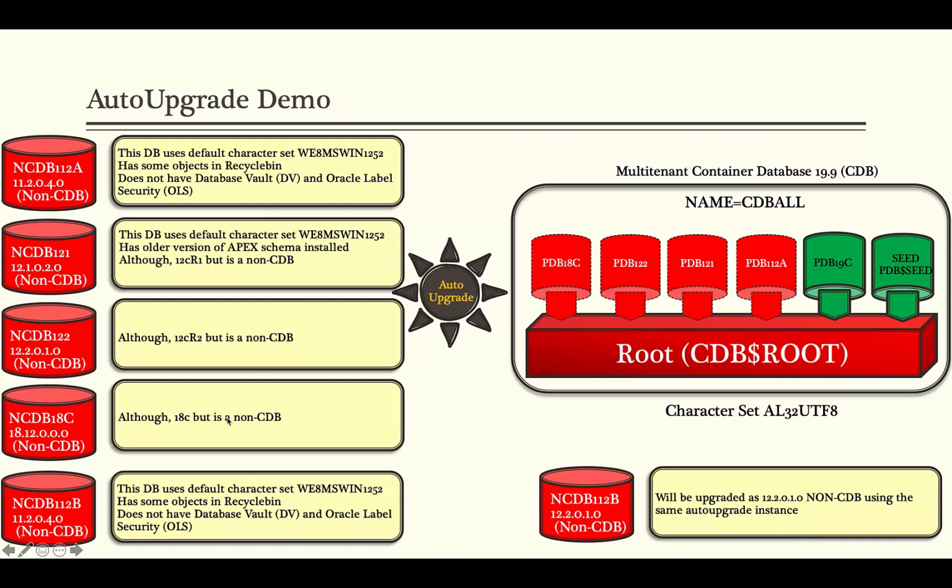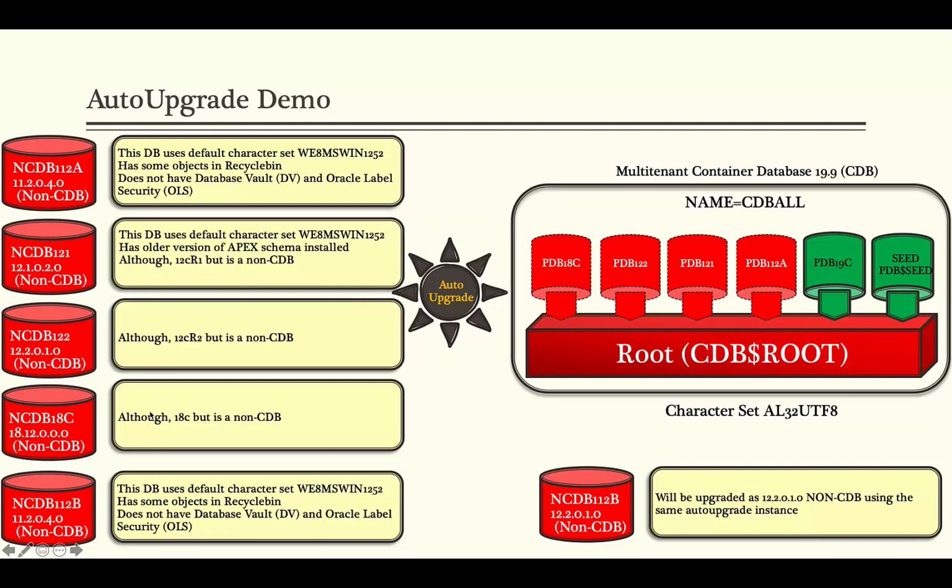Nothing special about it. It would also be upgraded to 19c as another pluggable database. So these four, which are all different versions, 11g, 12.1, 12.2, and 18c non-CDB databases, would all be upgraded to 19c at the end of it, and they would all become pluggable databases as part of the post-upgrade activities.